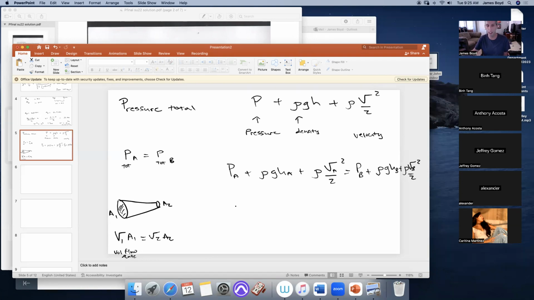How we use this is we usually will write maybe VA is AB VB over AA, or vice versa, to eliminate one of our velocities. We may not know either of the velocities, but we can eliminate one of our unknowns by using continuity.